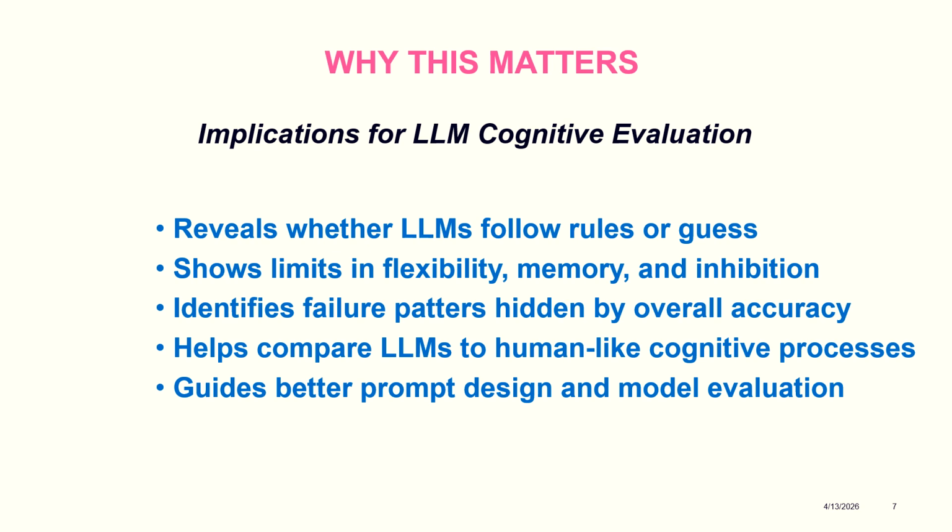Traditional accuracy metrics often hide these failures. SwitchBench exposes them by analyzing trial-level behavior. Fourth, human-model comparisons. These benchmarks allow us to compare LLM behavior to human cognitive processes, which is essential for understanding how models reason. And finally, better prompt design. These insights guide better prompt design and evaluation strategies for future models.